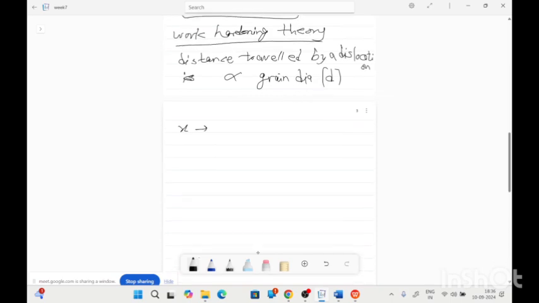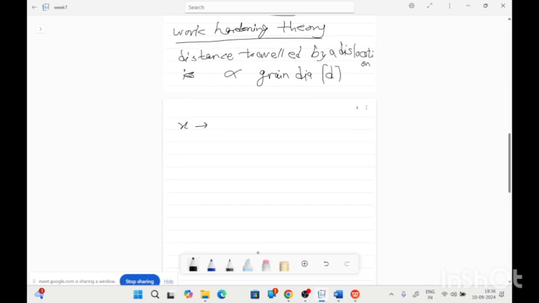In this theory, one parameter assumed as x is the average distance traveled by dislocations in a grain. So x can be written as beta D, where beta is a constant.